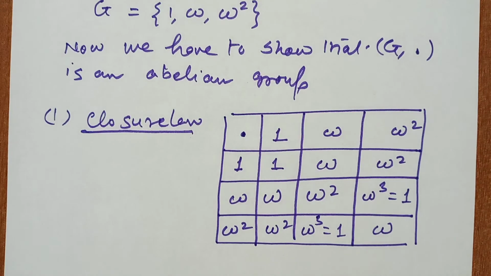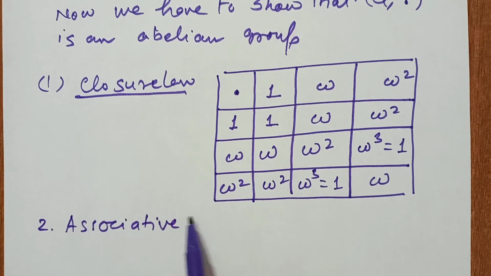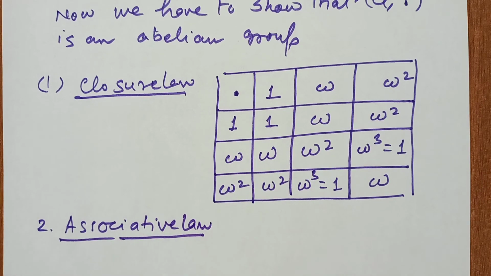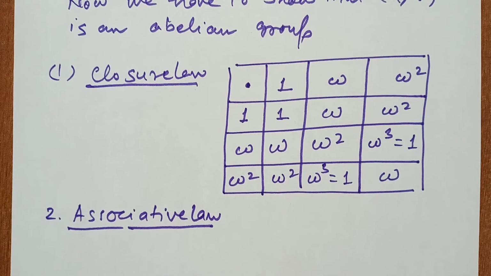Now the second is the associative law. Associative law is very easy. You only need to write it, because this is satisfied in multiplication and addition.